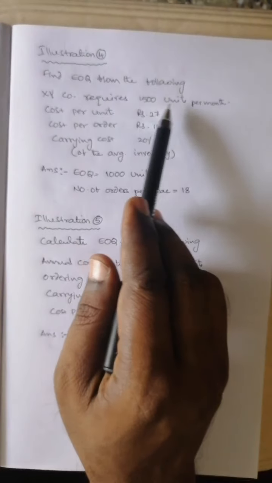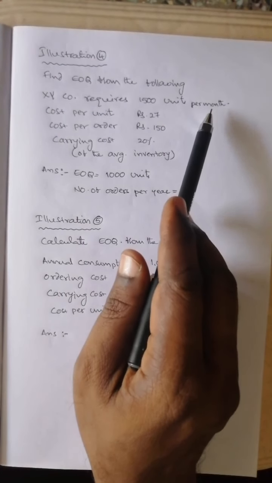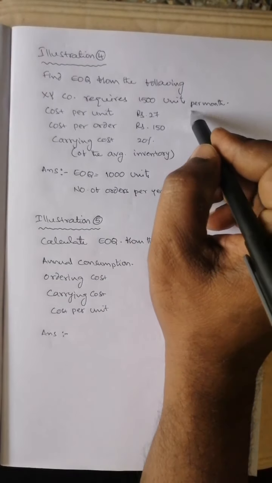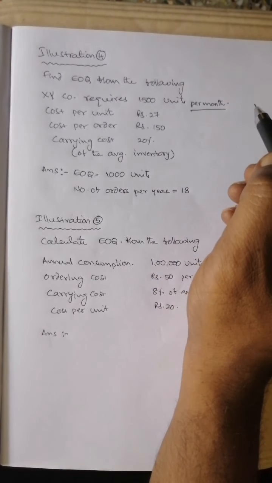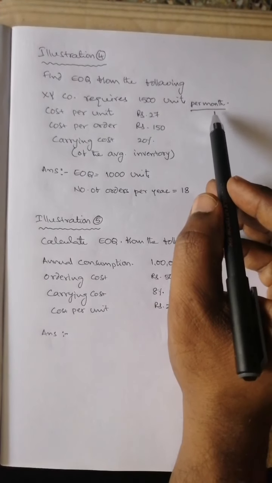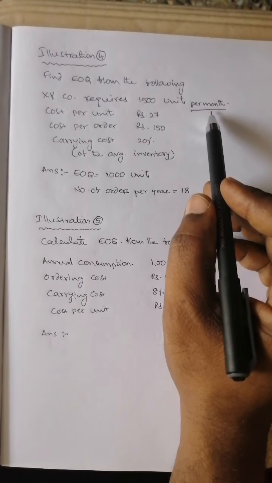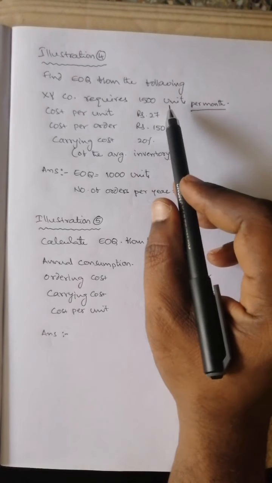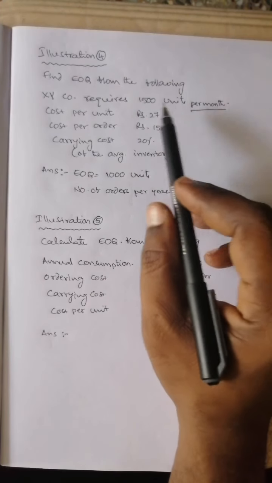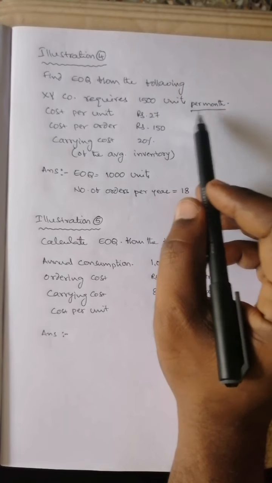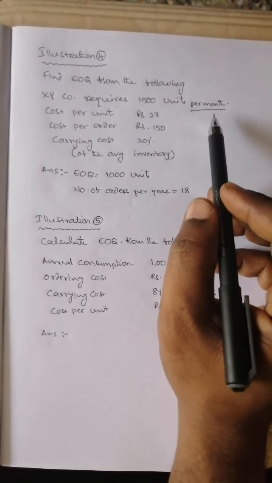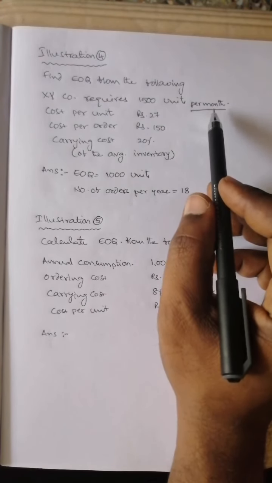XY company requires 1500 units per month. This you have to observe very carefully. In a few of the previous problems, per week was given, and here we have 1500 units per month. It means you have to convert these values to per annum. 1500 units into 12 gives you the yearly value.